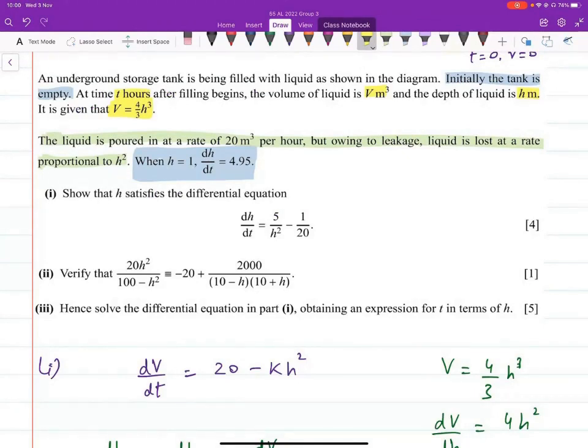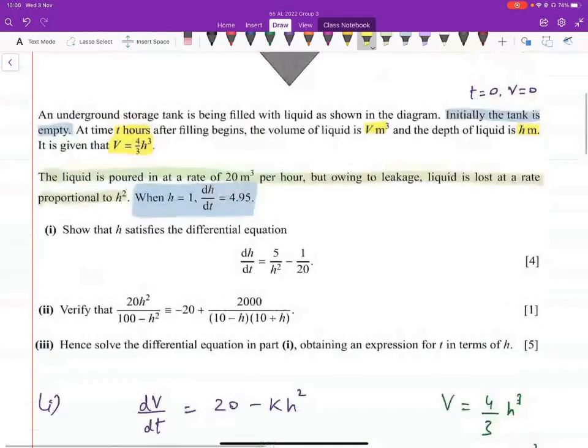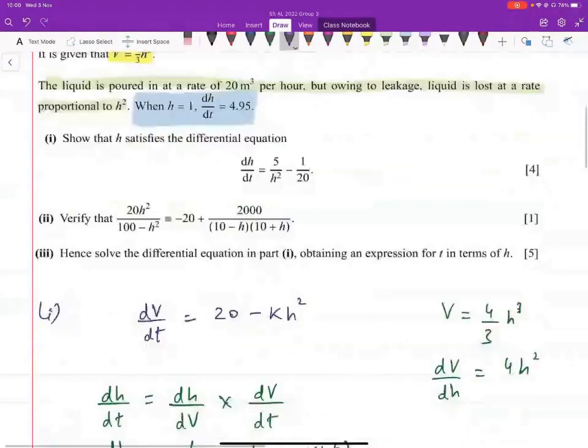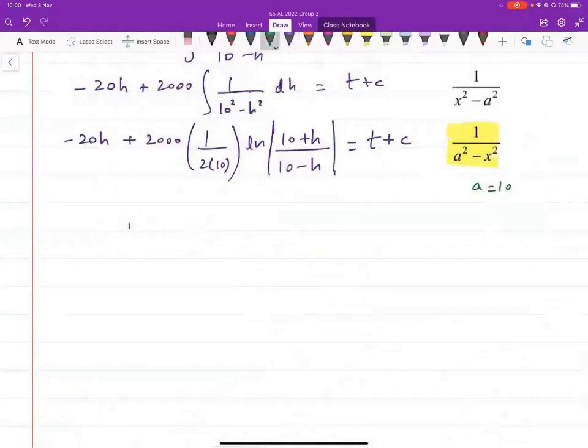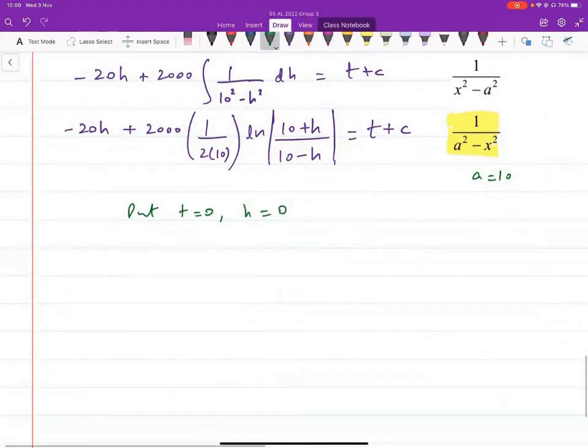Yes? Usne kaha, initially the tank is empty. Initially the tank is empty. That means at time 0, volume is 0 and also height is 0, the height of water will of course be 0 hoegi. We put that here. We say when time is equal to 0, h is also going to be 0. And what do we get from that?